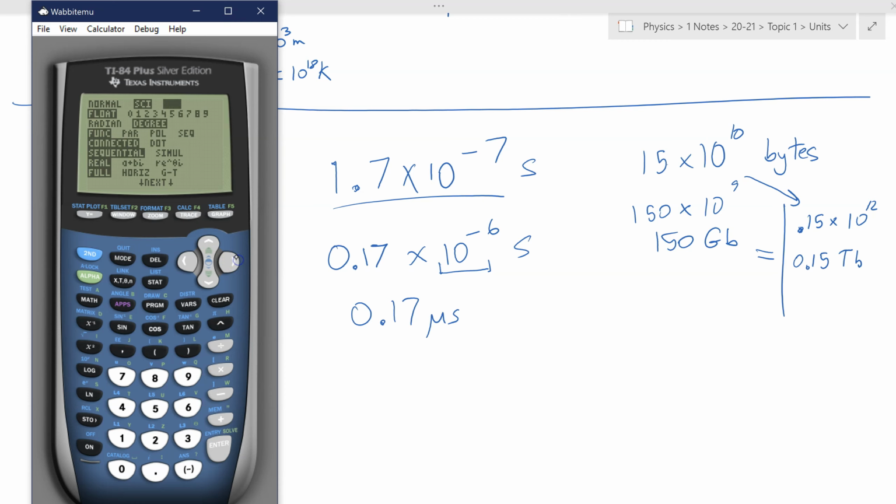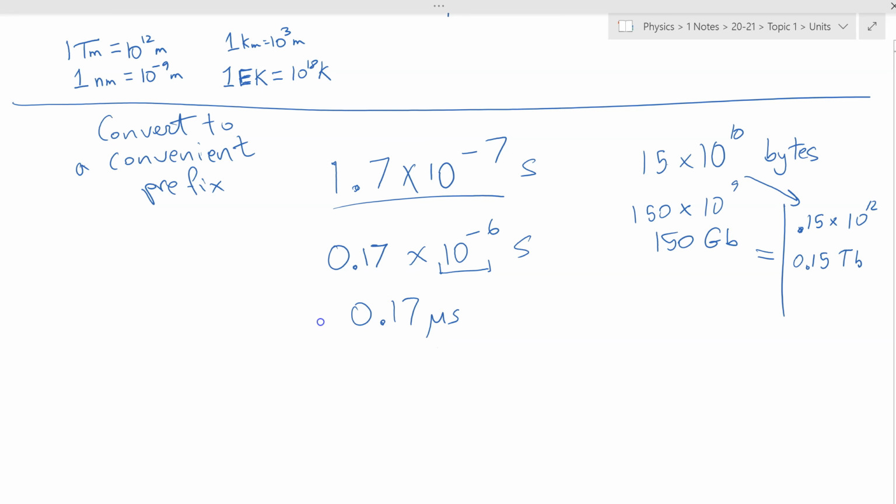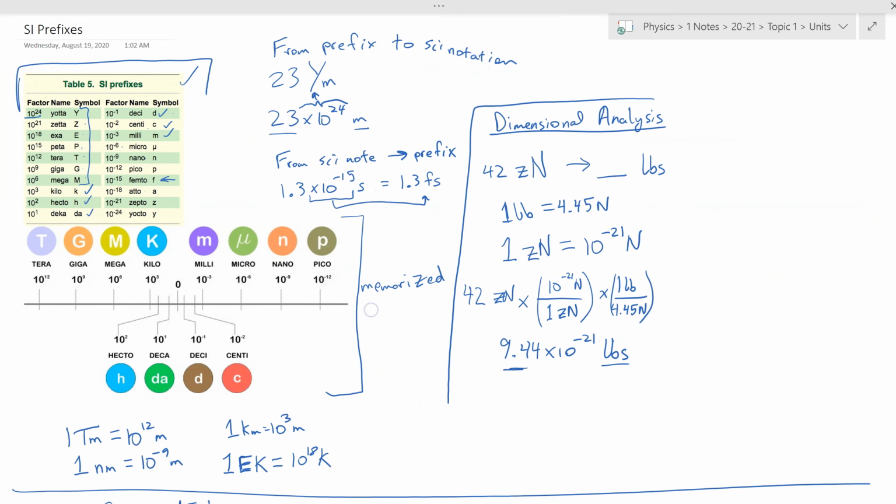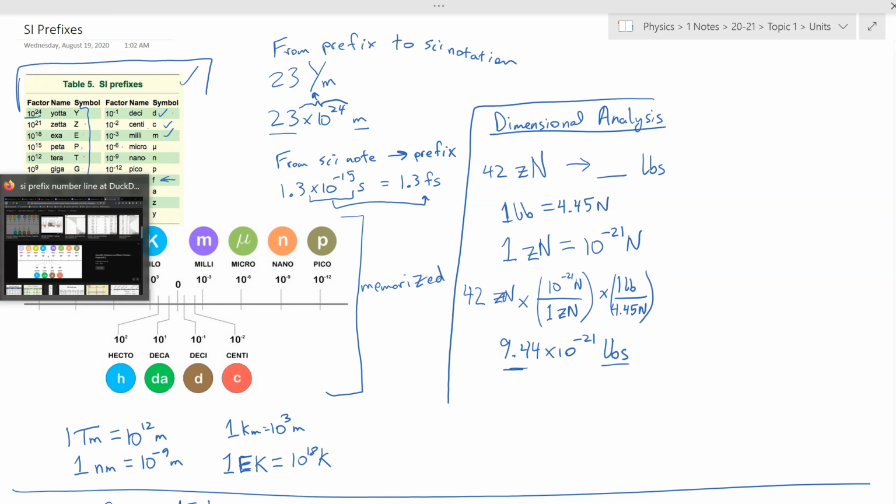The other option, engineering, is really convenient sometimes because what the engineering option does is it attempts to force the answer to be one of these powers of 10 so that you can just really quickly read the answer off with a prefix out in front of it.